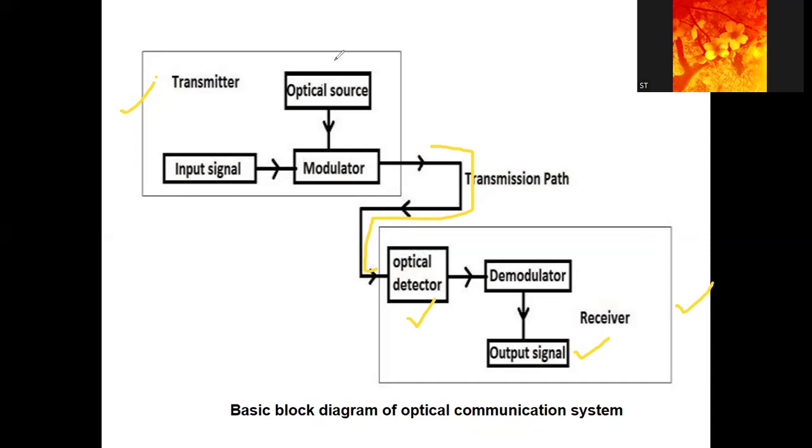So here at the transmitter end, we use optical sources, and at the detector end, we use the optical detector. And the channel here is the transmission path.